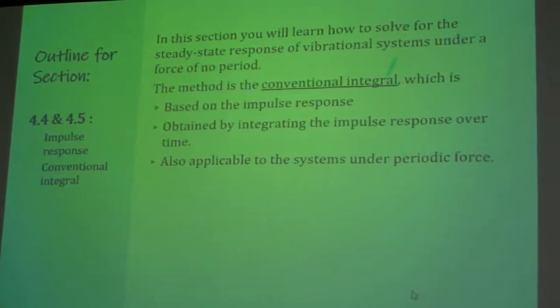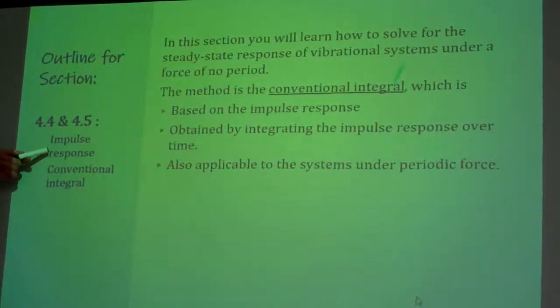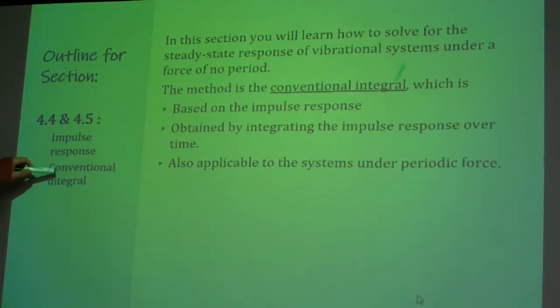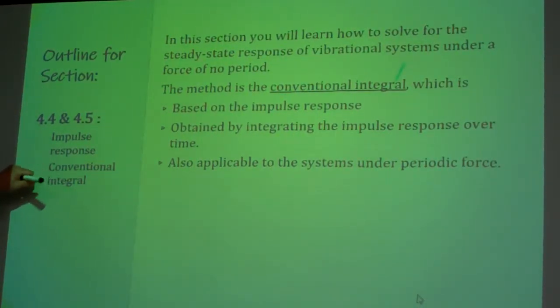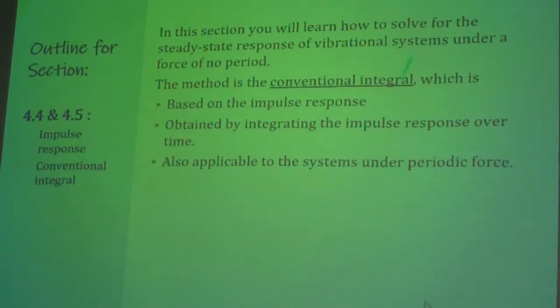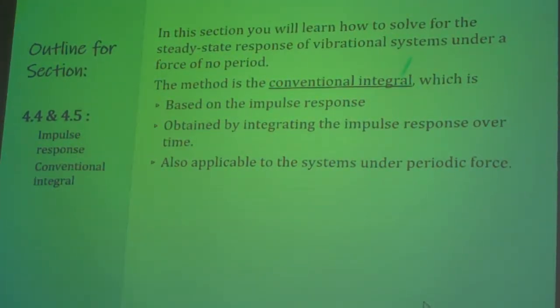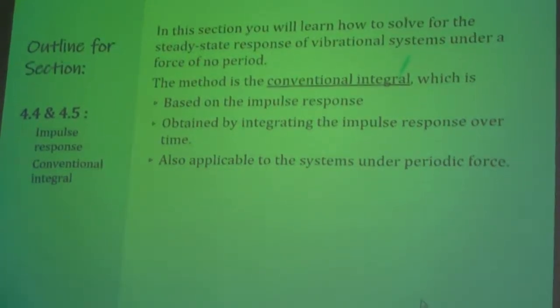So basically, the impulse response method is related to, sorry, here I have the wrong spelling. Convolutional, C-O-N-V-O-L-U-T-I-O-N-A-L. Okay, so that is the spelling. The two methods are related.